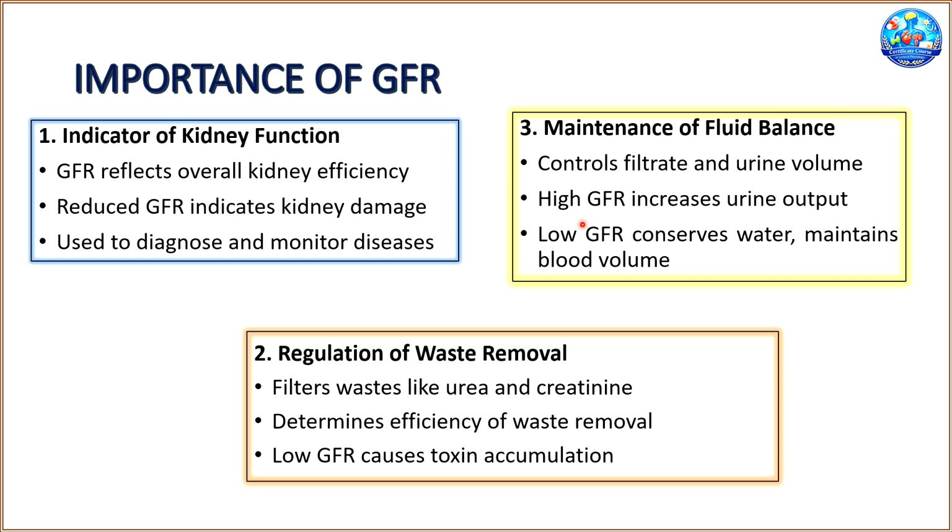An increase in glomerular filtration rate leads to increased urine output. And if the GFR is low, that is, a decrease in GFR takes place, it conserves water and decreases urine formation, thereby helping to maintain a hydrated condition and also blood volume.